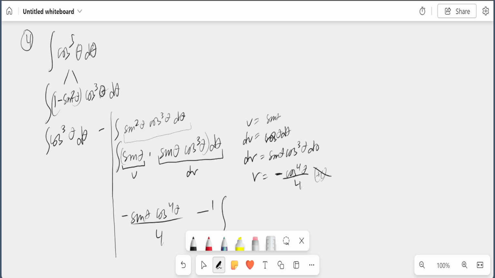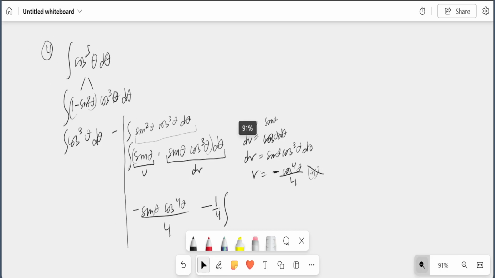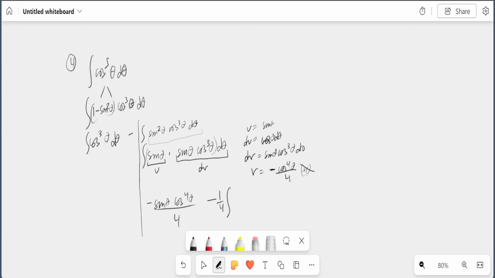So now it's 1/4, sorry, I'm gonna zoom out a little bit. 1/4 cosine to the fourth theta, and that should be a plus because double negative, cosine to the fourth theta times sine theta d theta. Does that make sense so far?